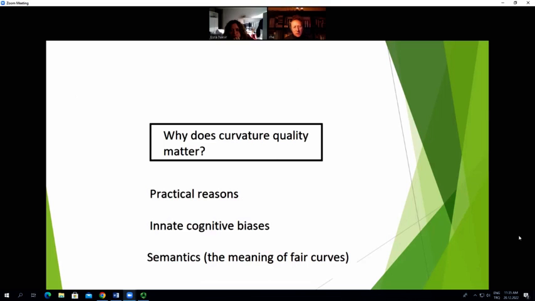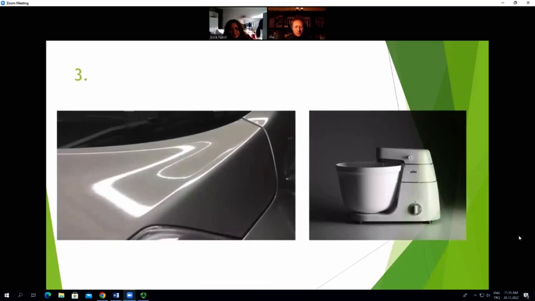And we have norms about what a high quality object looks like because we have learned from our culture and the way that we behave and our own understanding of objects, what we expect of an object of a certain quality and a certain price. So we have practical reasons and innate cognitive reasons, and then semantics, which are all driving this impetus towards making objects that look as refined in their own way as those Grecian columns that I showed you earlier.